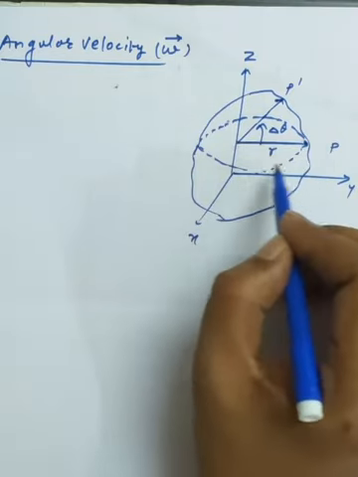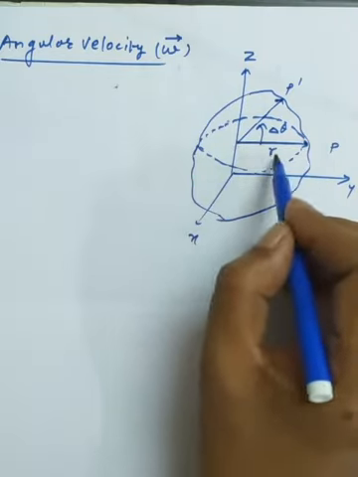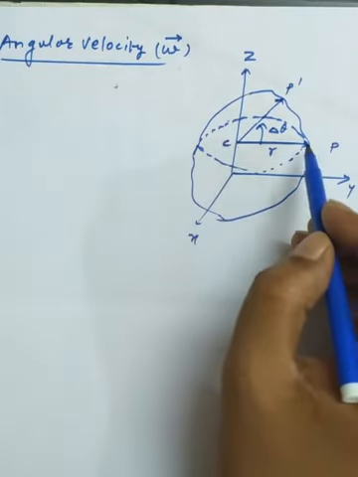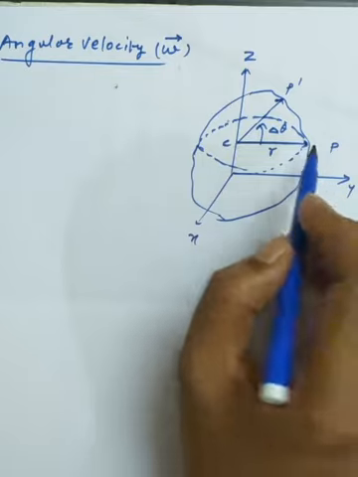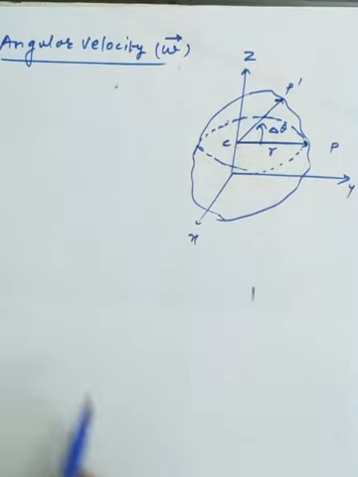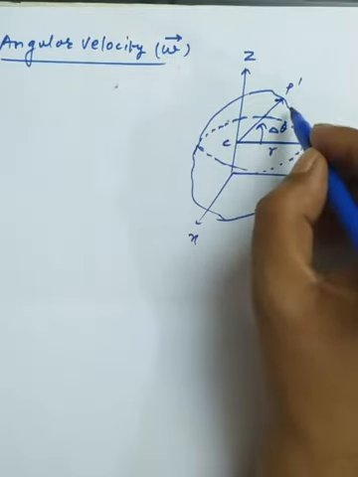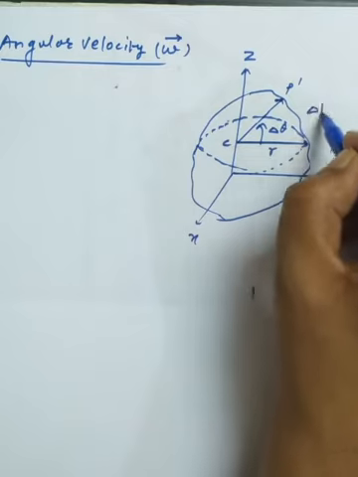The circle has radius r with center C. The time rate of change of angular displacement is called angular velocity, and the particle makes a horizontal circle in a delta t interval of time.